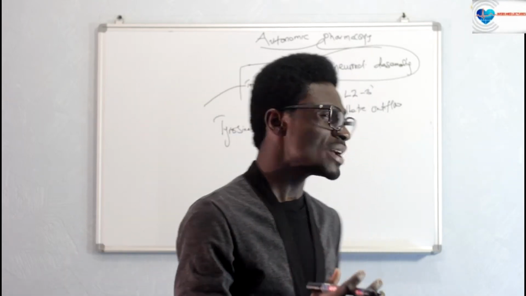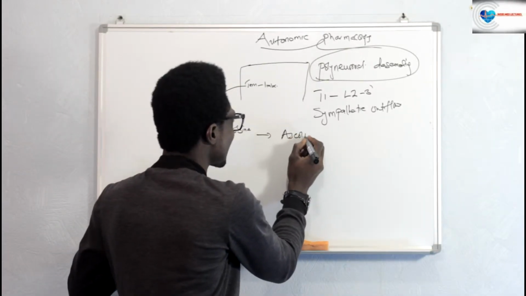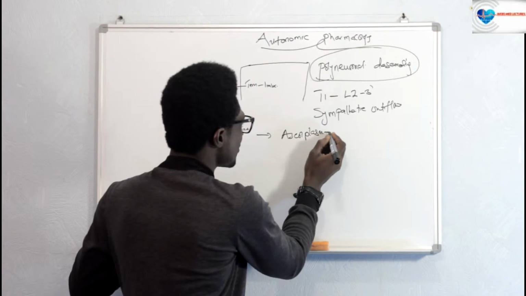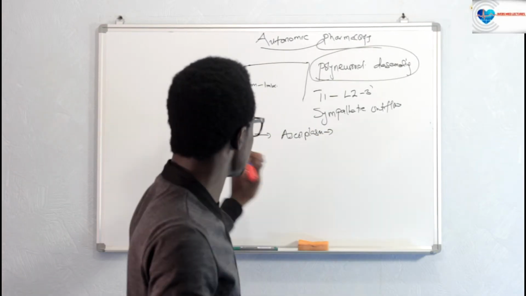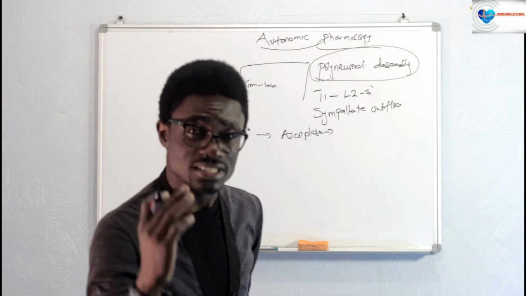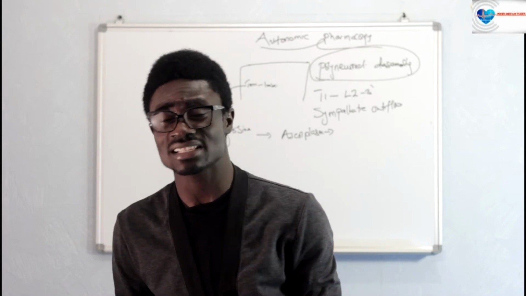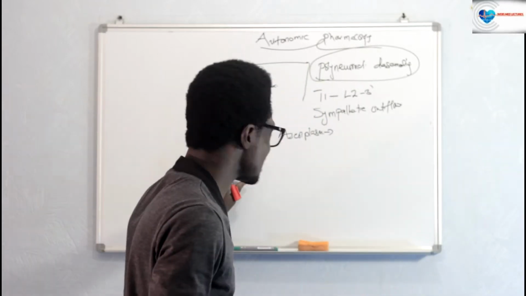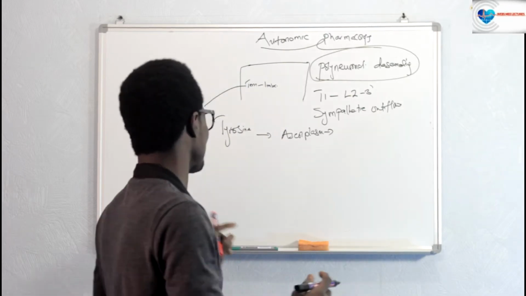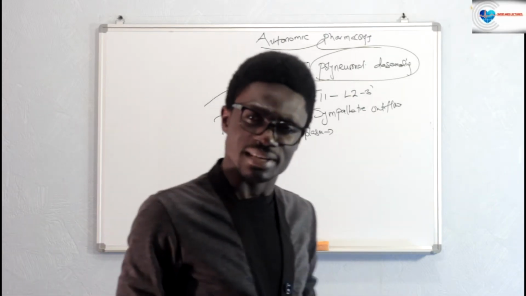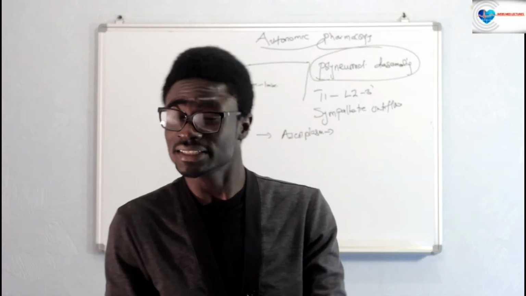When tyrosine gets into the cytoplasm of the nerve terminals, it meets an enzyme called tyrosine hydroxylase. This tyrosine hydroxylase converts tyrosine into dopa. Then dopa gets converted to dopamine by dopa decarboxylase, guys.